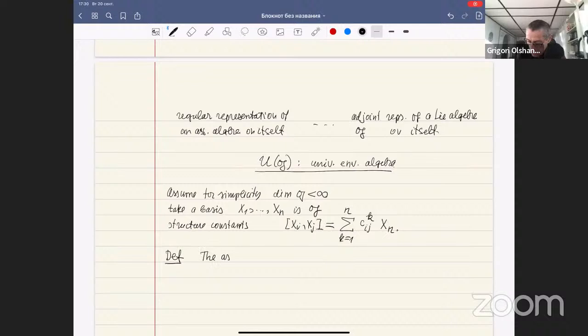The associative algebra which is called the universal enveloping algebra of our Lie algebra, is defined as follows.